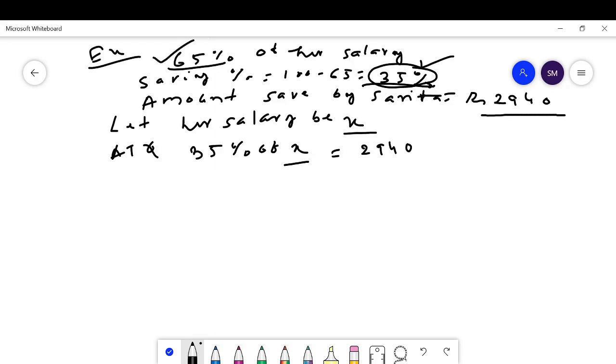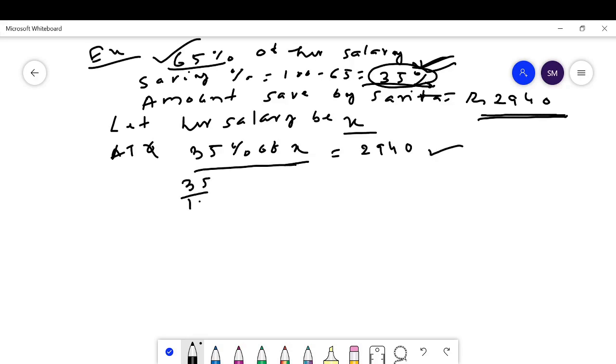Sarita spends 65% and saves 35%. She finds in her account that she saves 2940 every month, which is actually 35% of her salary. We have to find out her salary. So according to the question, 35% of x is 2940.